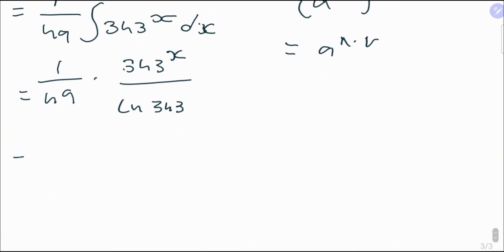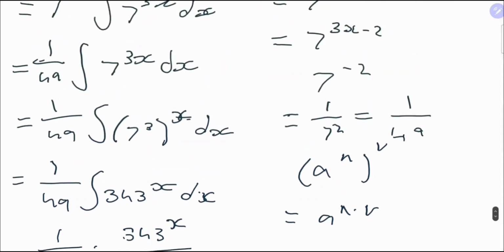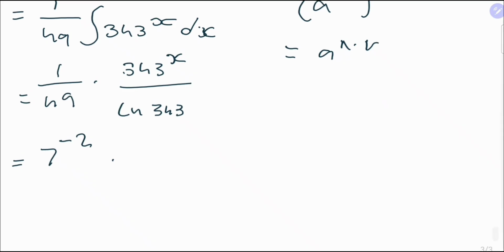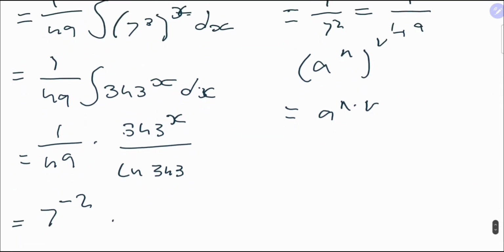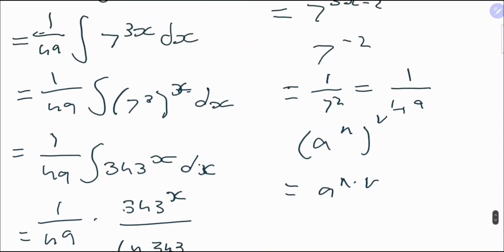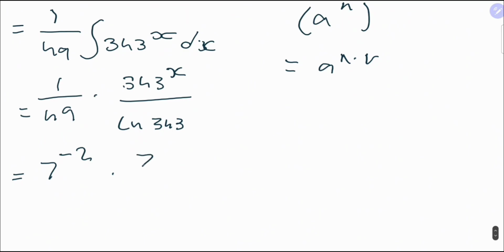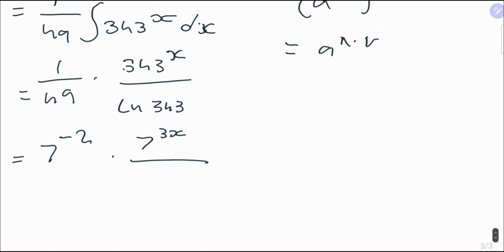We made 1 over 49 from 7 to the power of negative 2, so we can revert that back. 7 to the power of negative 2, and then times 343 to the power of x, which is equal to 7 to the power of 3x, and then over the natural log of 343.